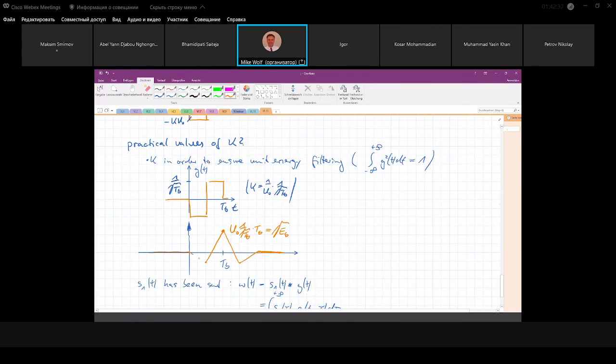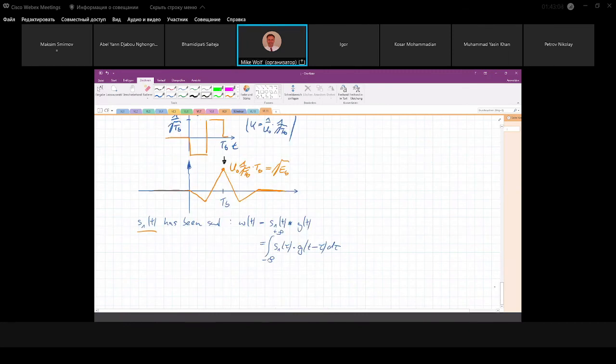It would look from the shape point of view like this. Since I normalize the filter in a way that it's unit energy, if I transmit S1 of t, I get this. And here, this is the sampling time. At this time we would get square root of EB.